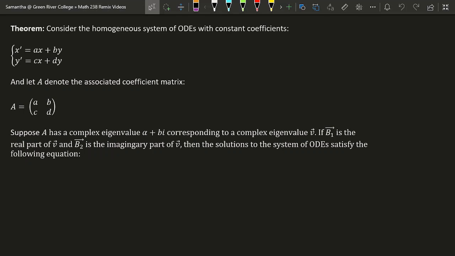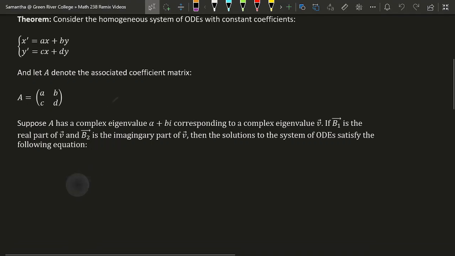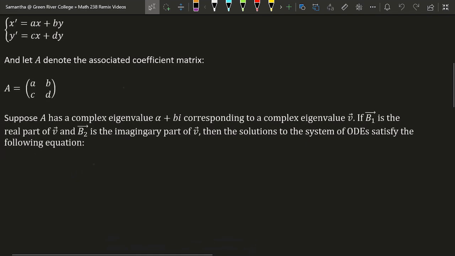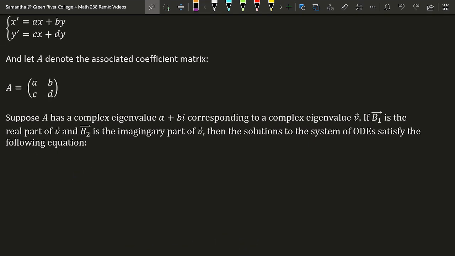Suppose you have a system of differential equations, homogeneous, constant coefficients, and you extract a matrix consisting just of the coefficients on x and y in the problem. Now, just like we did 2 days ago, we find its eigenvalues, and we discover that the eigenvalues are complex.